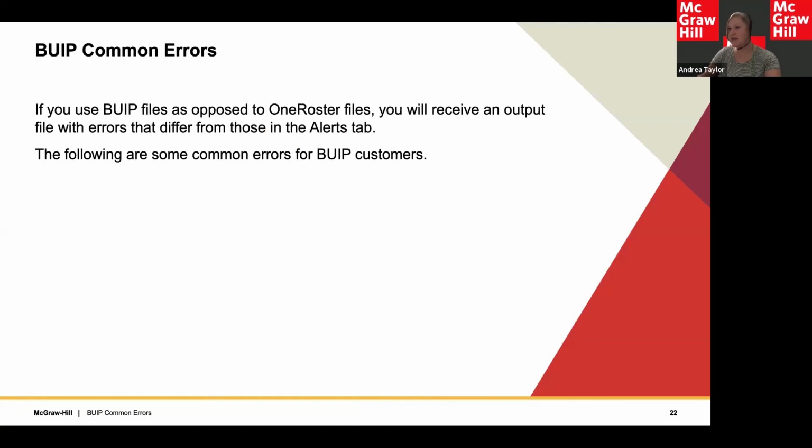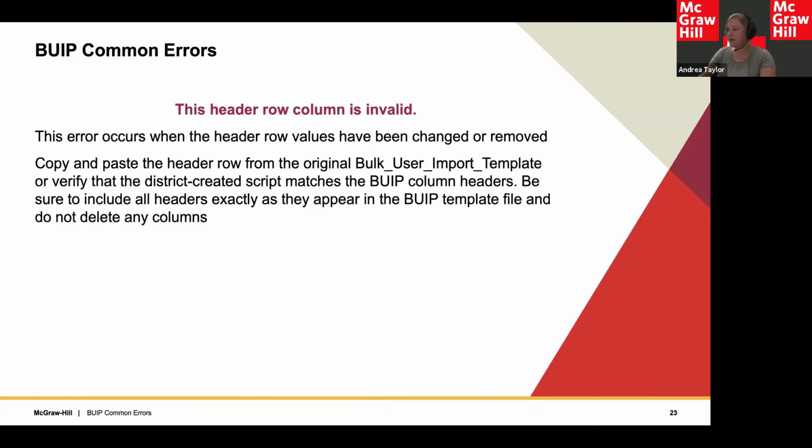All right, so let's move into the BUIP errors. If you use BUIP files, you will receive an output file with errors that differ from those you would see in the alerts tab, and we're going to talk about some of those common errors here. This header row column is invalid.